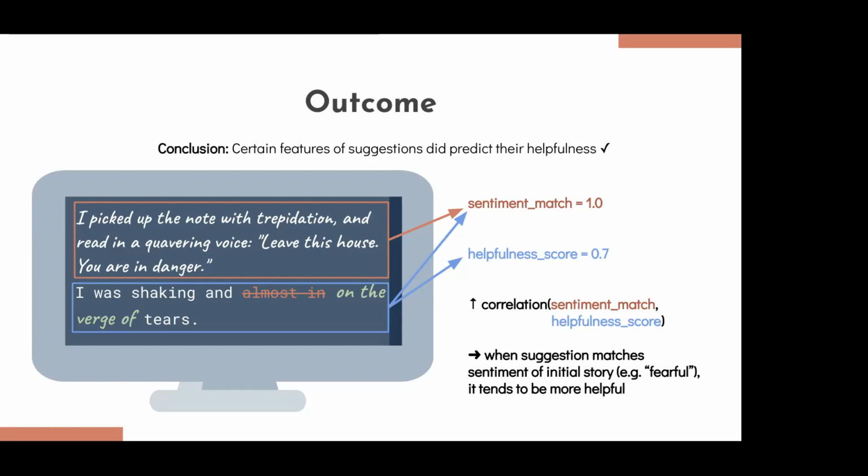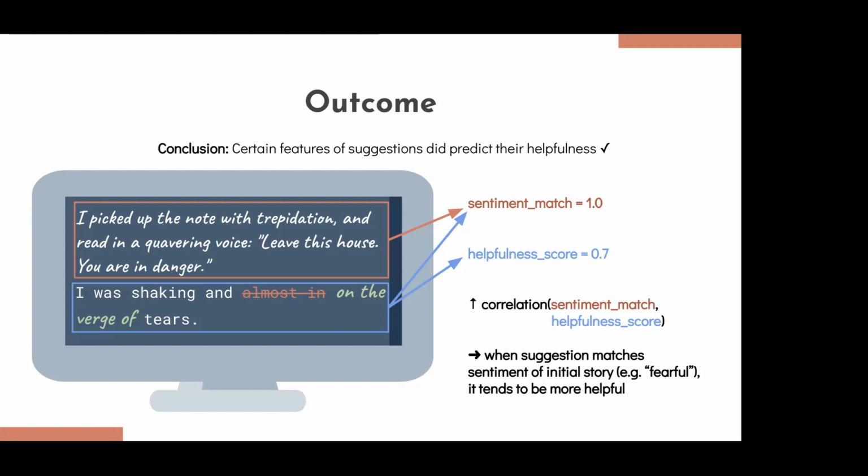So here's an example that looks at one linguistic feature, which is labeled sentiment match here. So there are NLP models that do sentiment analysis, and oftentimes these models will produce some sentiment label such as happy, sad, fearful, surprised, those types of things. You can use automated models for this.